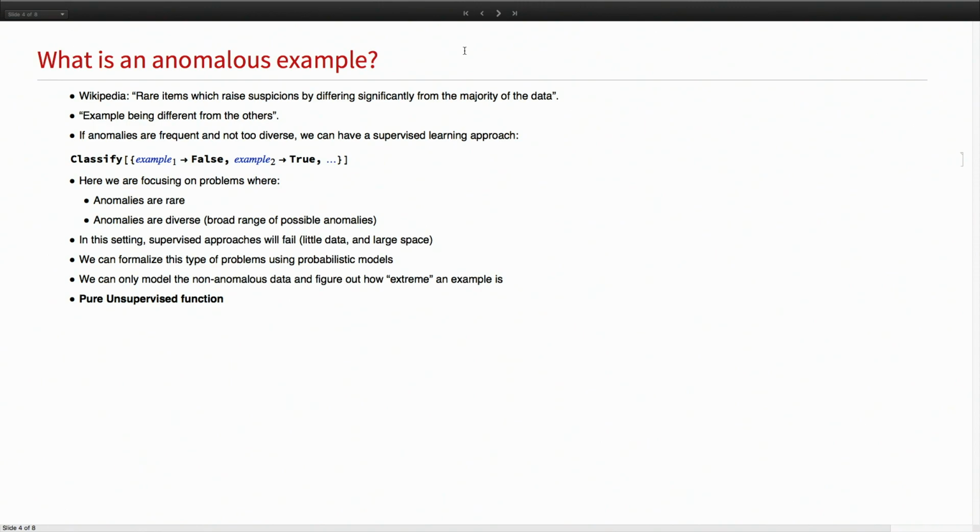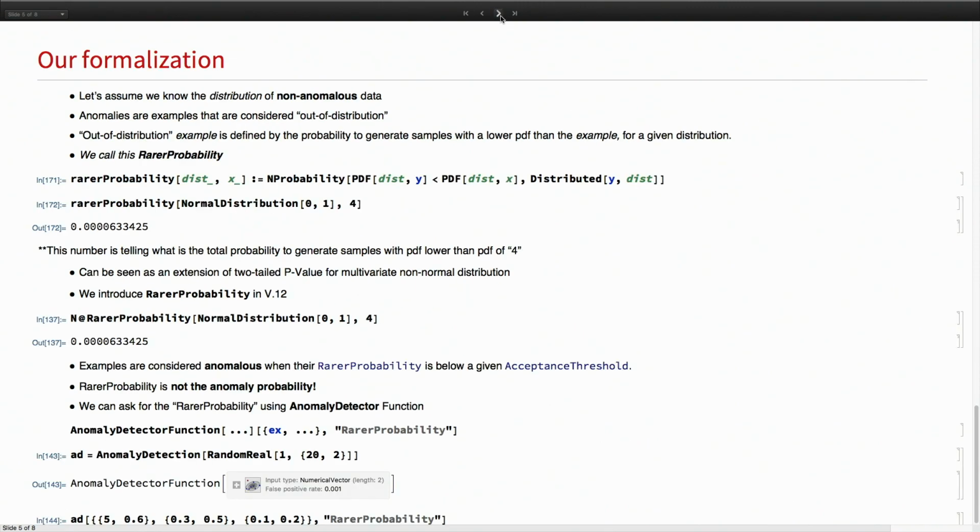But how does this formalism work? Let's assume that the data is generated based on some distribution. There's an underlying distribution of non-anomalous data that we somehow know. By distribution, I mean a statistical distribution. So anomalies here would be the examples that are out of distribution.